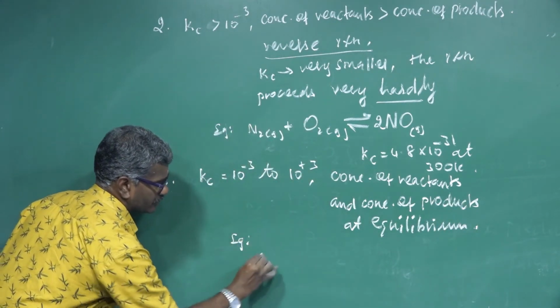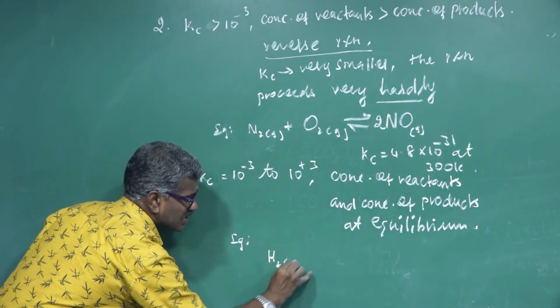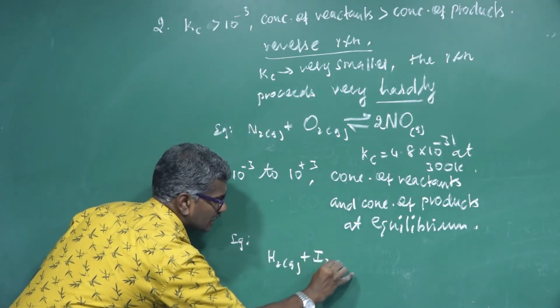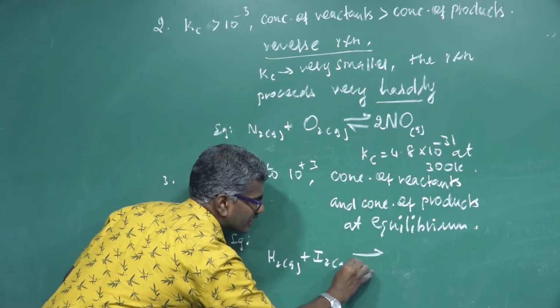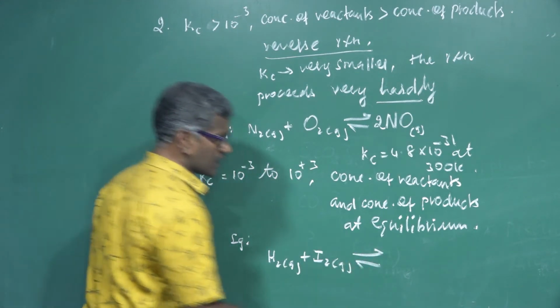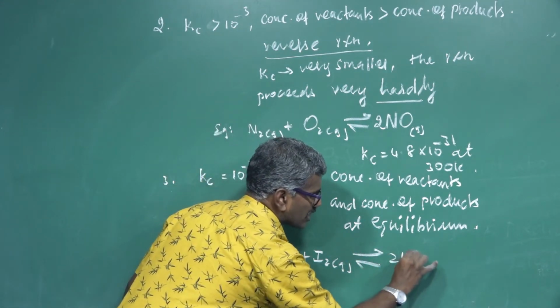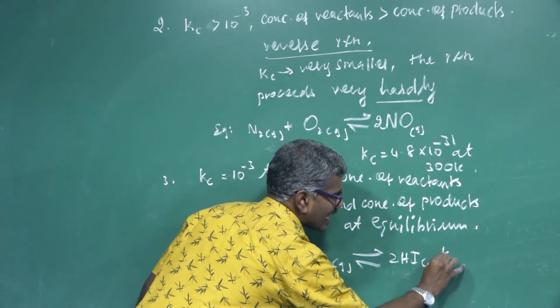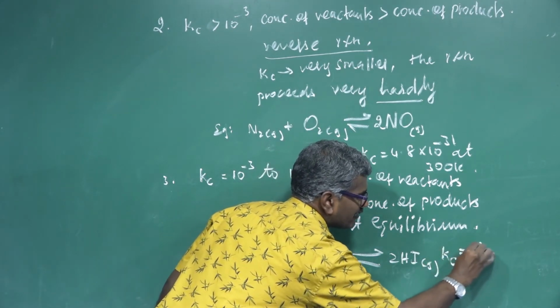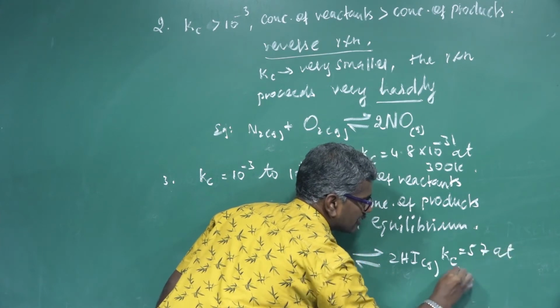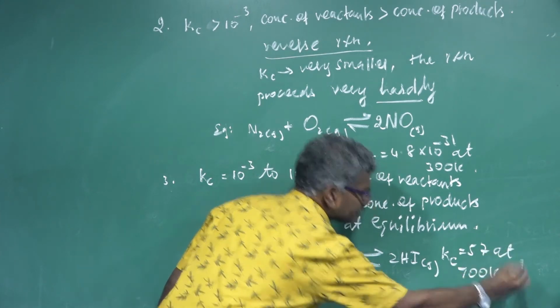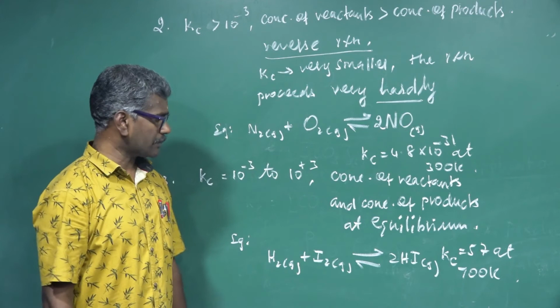For example, hydrogen in the gaseous state reacts with iodine in the gaseous state and exists at equilibrium with the formation of HI. Here Kc value is 57 at 700 Kelvin. It depends upon the temperature.